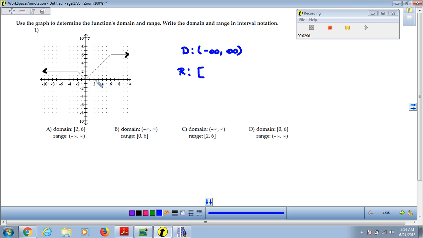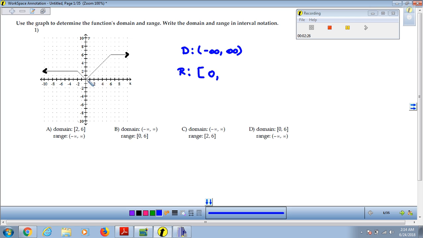The only reason you would use a regular parenthesis on a number, when the graph passes through a certain x or y value, is if you have an open dot, an open circle, but we don't see that, so we are going to include the value of 0.